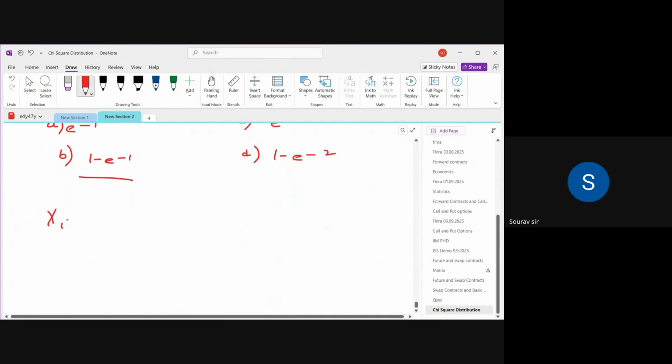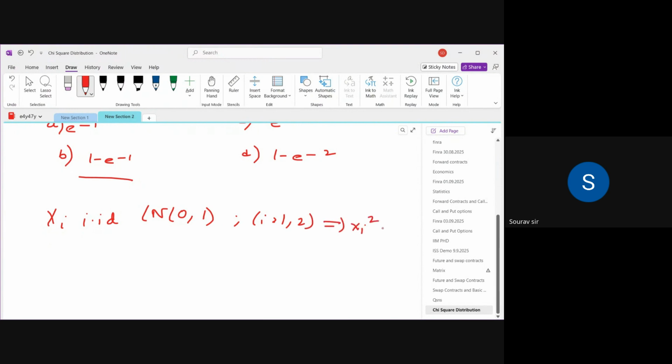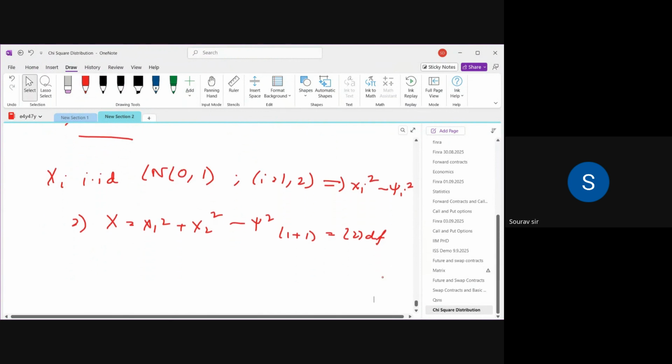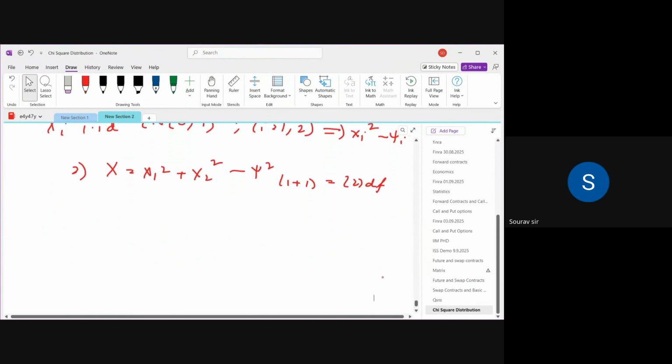So xi are identically and independently distributed, with n equal to 0, 1, given i is 1, 2, and that is xi square given sigma, which we did. So here x is equal to x1 square plus x2 square. So 1 plus 1, that is 2 degrees of freedom by the additive property. The PDF of x, we will find it out.